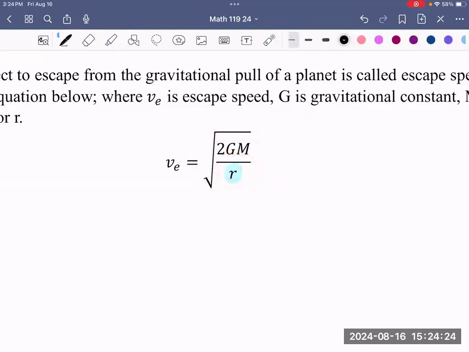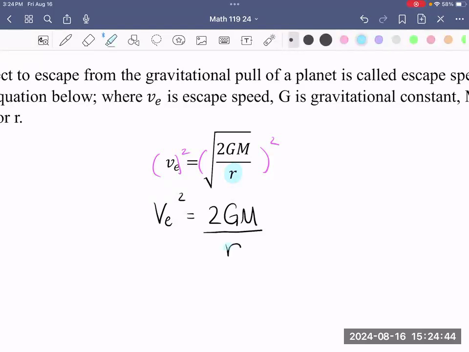With us having a square root, the first action we want to do is to get rid of the square root. How do we get rid of a square root? We square everything. So you're left with V sub E squared is equal to 2G times M over R. Now, while there are very many ways to solve this, the quickest way: how do you get your variable out of the denominator?